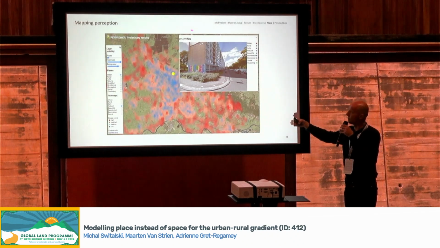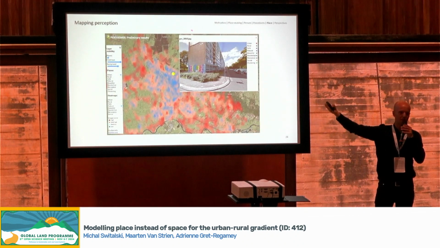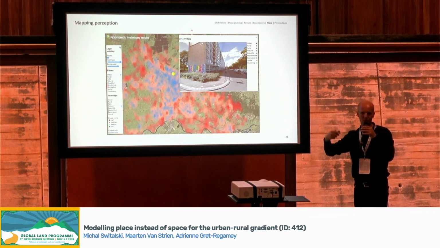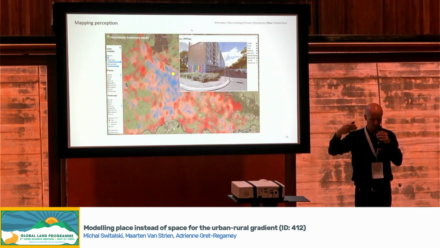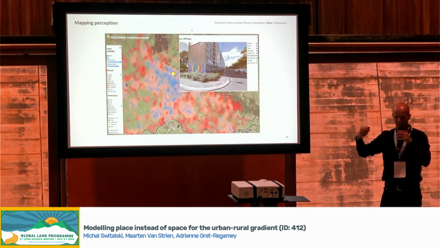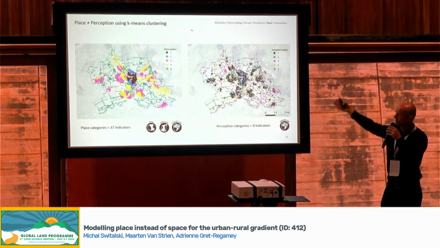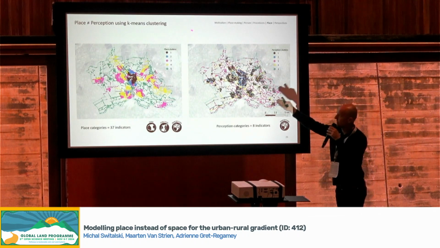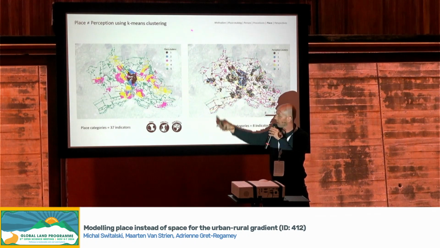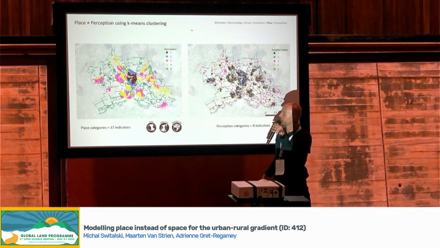So, drawing the point home, we now have the perception indicator at the same spatial resolution, or in a similar way, that we measure temperature or any other spatial indicator. We can do all sorts of data manipulation, in this case clustering, using 5 clusters with all place indicators.